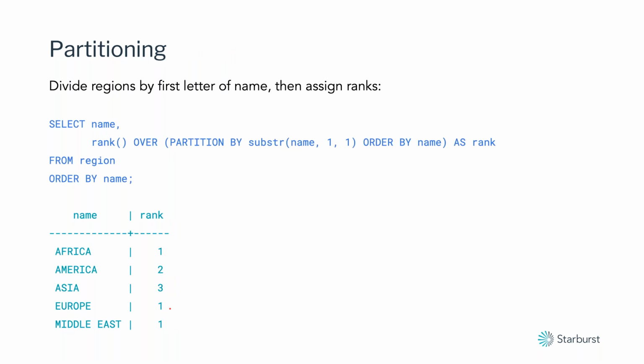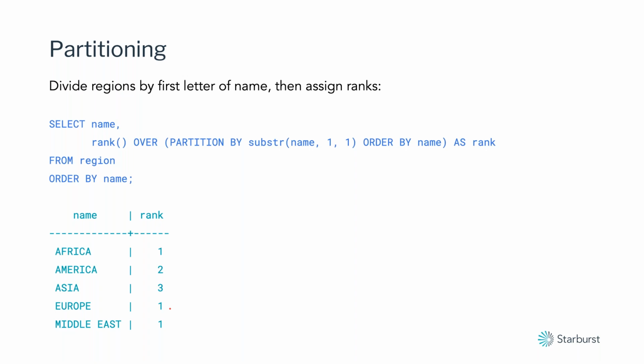So everything that we've talked about so far for window functions has been over the entire result set. But what you can also do with window functions is partition it so that the window function only runs over a subset of the rows within the output. You can think of partitioning as similar to group by, where in aggregation with a group by, you're dividing it up based on the grouping columns.